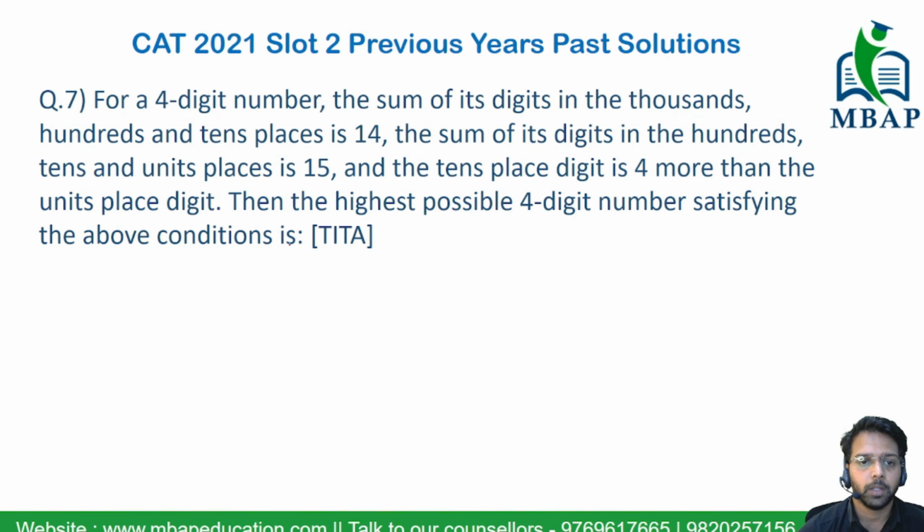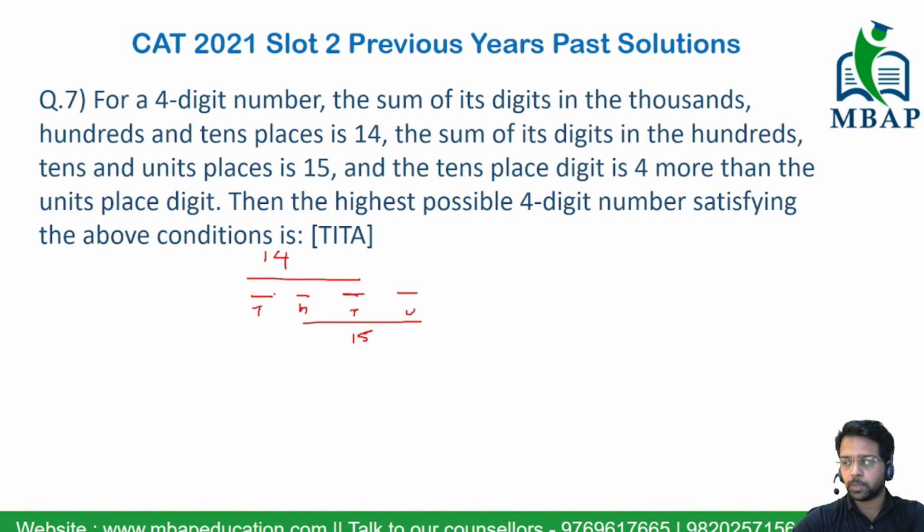Now it's been given to you that it is a 4-digit number in total. The sum total of the thousands, hundreds and tens digits has been given to you as 14. On the other hand, the hundreds, tens and units digit total has also been given to you as 15, right?